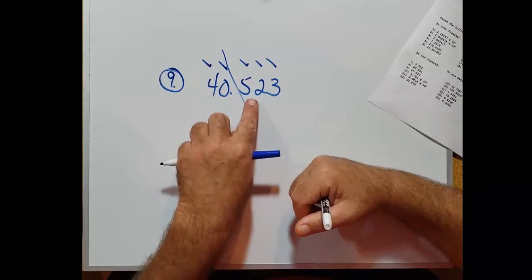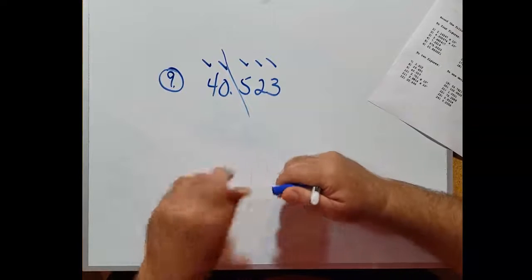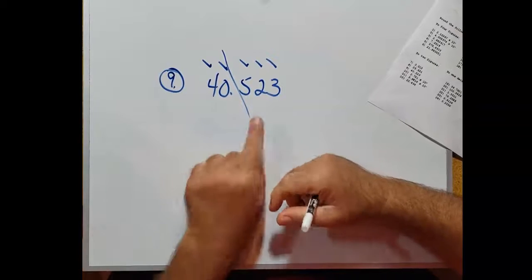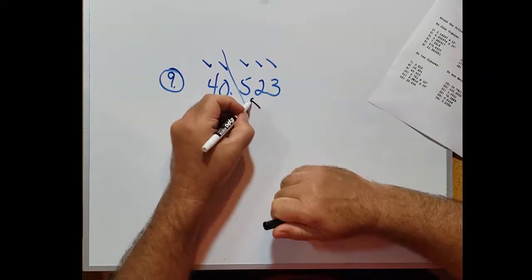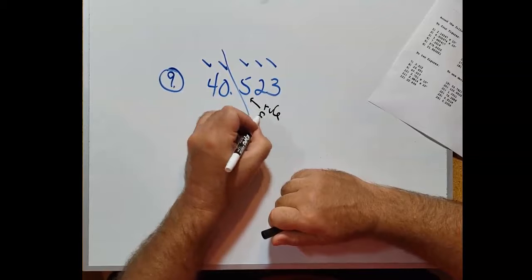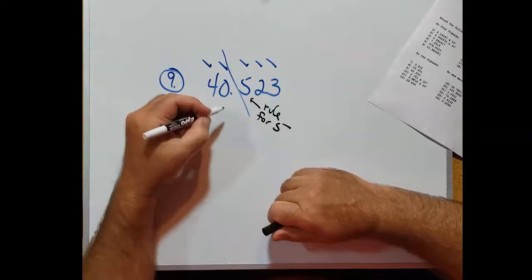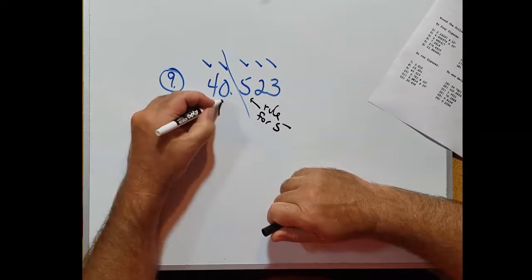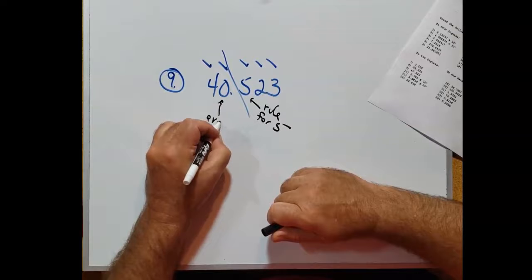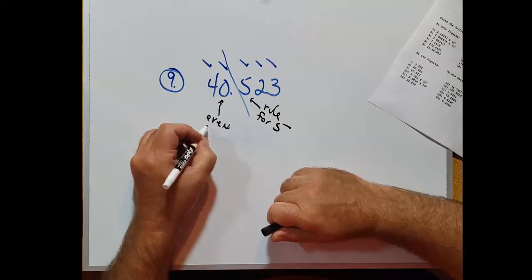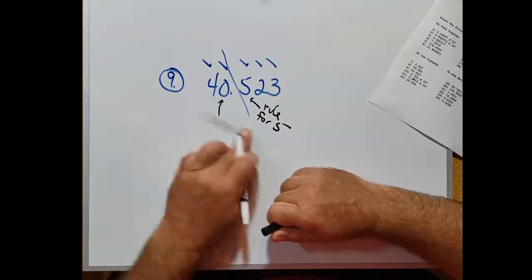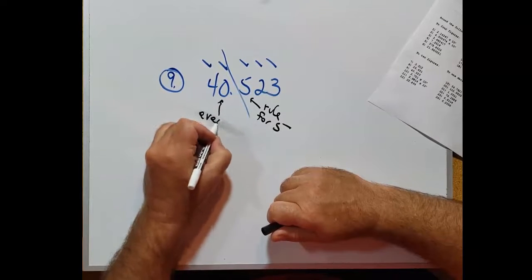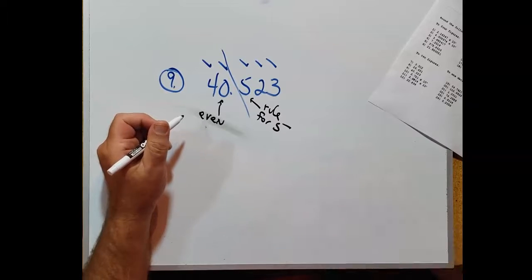They're all significant, but I want only the first 2. What's the first digit I'm cutting off? It's a 5. What's the rule for 5? We look at this number and ask ourselves, is it even or is it odd? For our purposes, we are going to assume 0 is an even number.